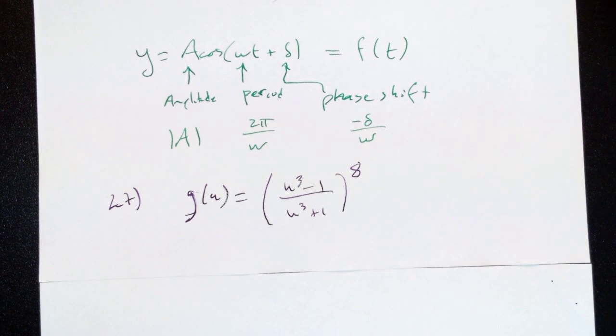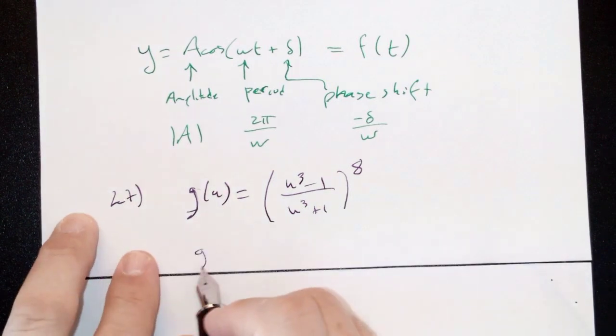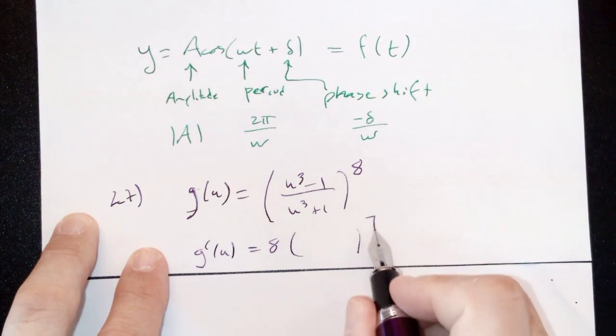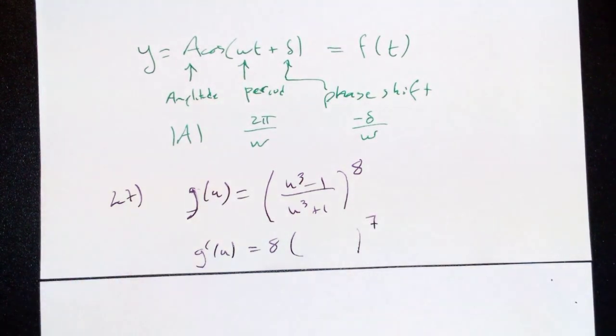So I'm going to do the outside of this as the power. The outside's the power, then I'm doing the power rule. Ugly to the 8th. The derivative is 8 ugly to the 7. So I'm going to start right away with 8 ugly to the 7. And the ugly doesn't change.